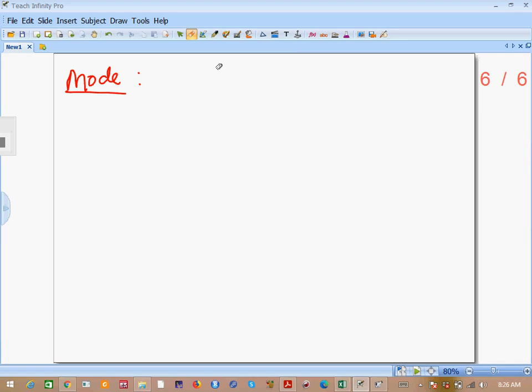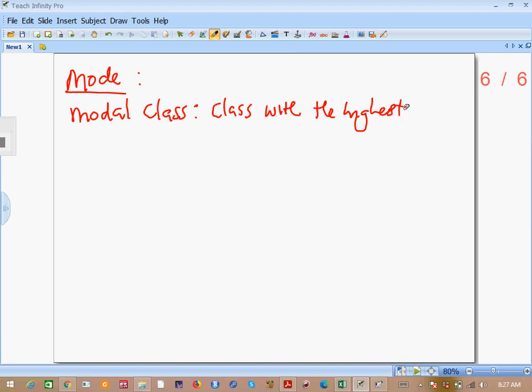To find the mode, we need to identify the modal class. The modal class is just the class with the highest frequency. So that is what we need to do for us to find the mode for grouped data. First, identify the modal class.